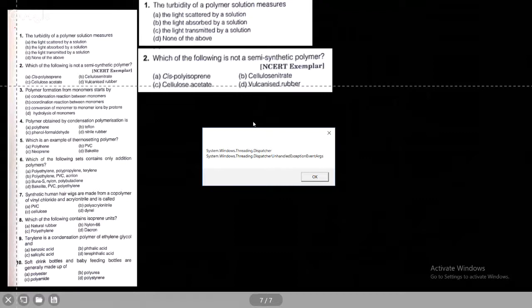Tell me the answer, 1 and 2. The turbidity of a polymer solution measures scattering. It measures the scattered light.